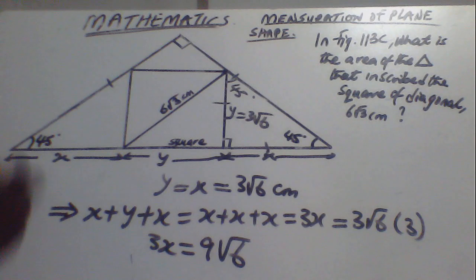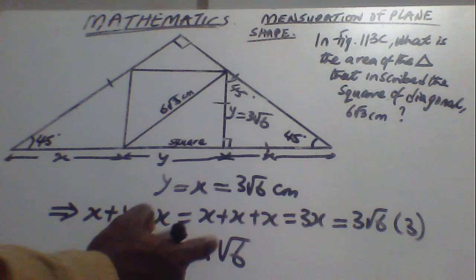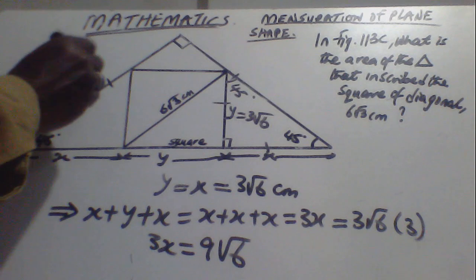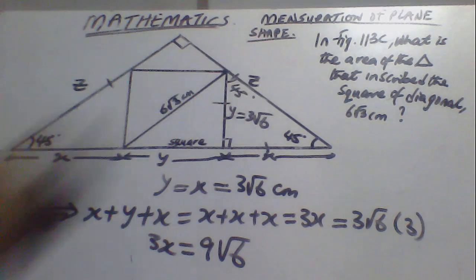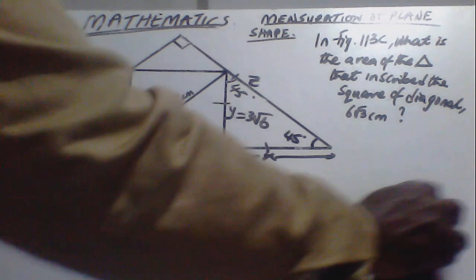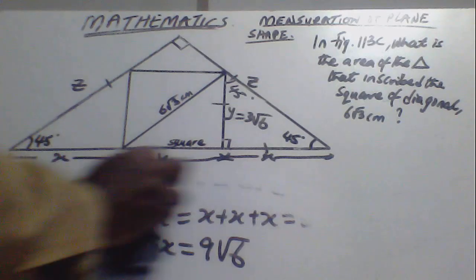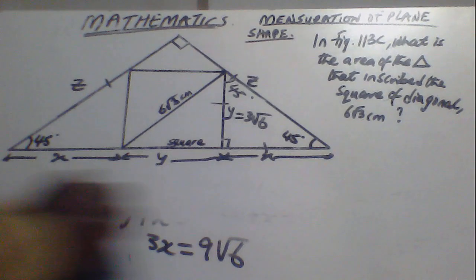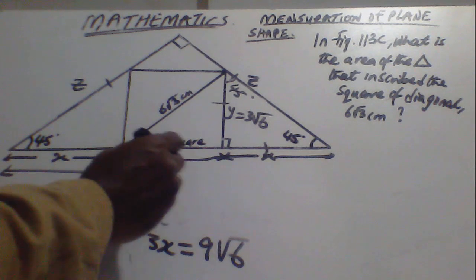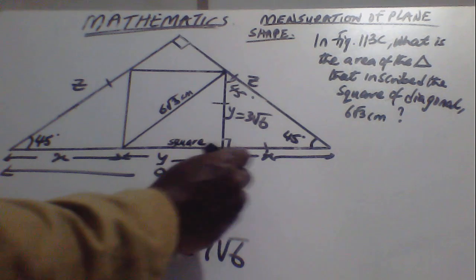So we have gotten the whole length to be 9 root 6. Let's call here z, and let's call here z. So we have gotten that this length as a whole is 9 root 6 cm.